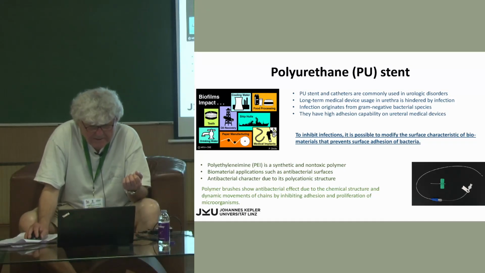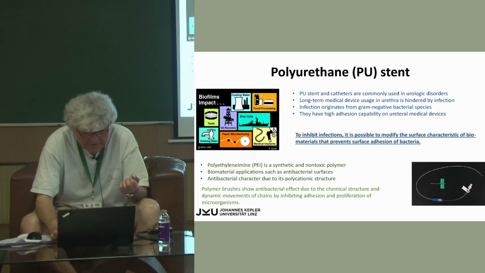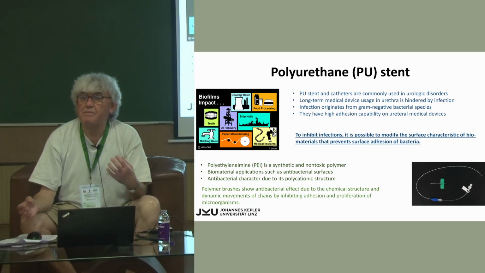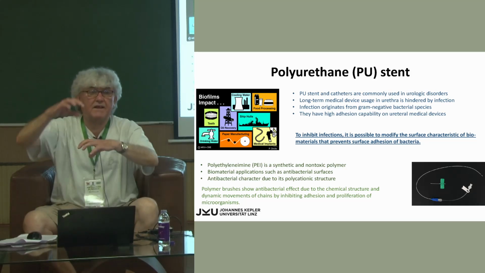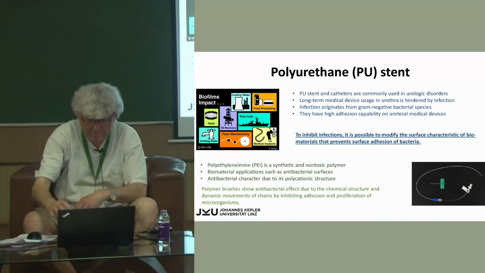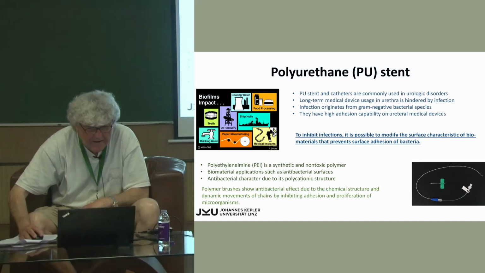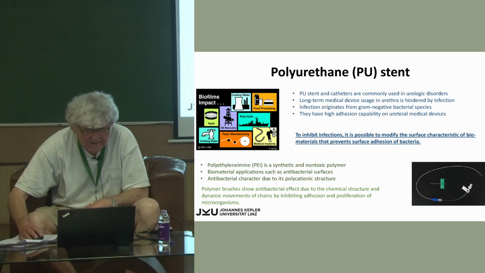And this can be accomplished, for instance, due to the polycationic structure of the surfaces, and also polymer brushes. Polymer brushes can also induce an antibacterial effect because they prevent adsorption of the bacteria to the surface. So we tested then different coatings. These are polyurethane stents that were functionalized with different polymers.